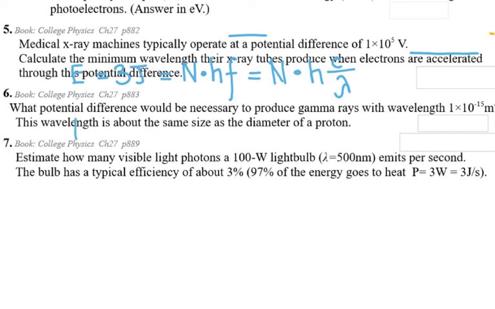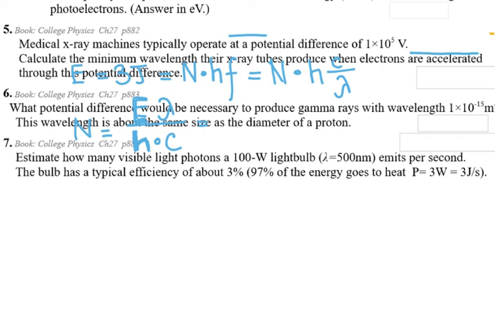So they ask you for the number. So the number is going to be equal to the energy, like 3 joules, times the wavelength, the one that they give you, and divided by Planck's constant times the speed of light. Again, in this case, I have energy in joules, so my Planck's constant has to be in joules times seconds.